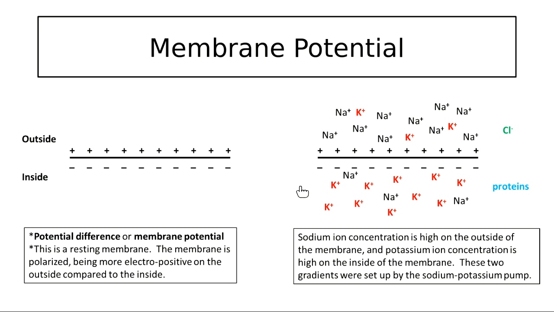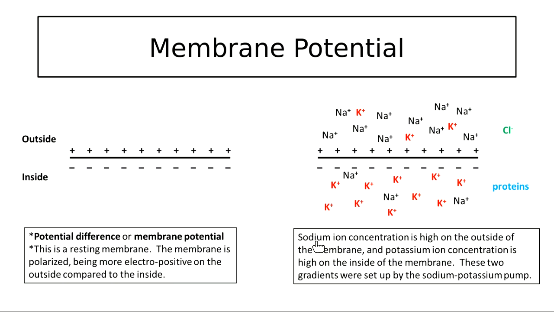Just reading from your notes, sodium is high on the outer side of the membrane. So on the outside, we've got a lot of sodium. Potassium is high on the inside surface of the membrane. A lot more potassium on the inside than the outside. This type of condition represents a form of potential energy.